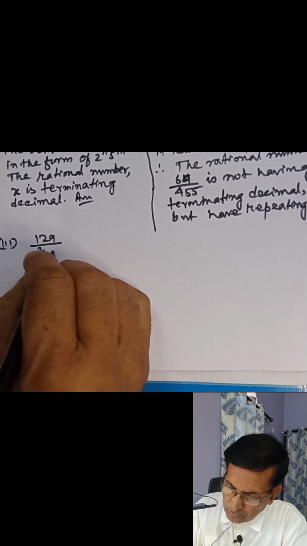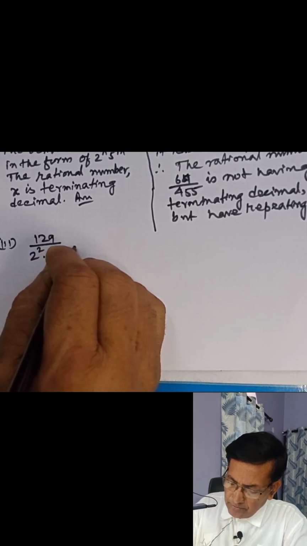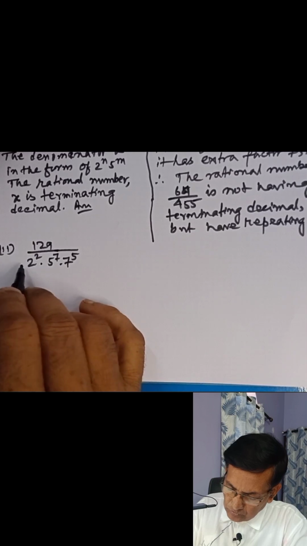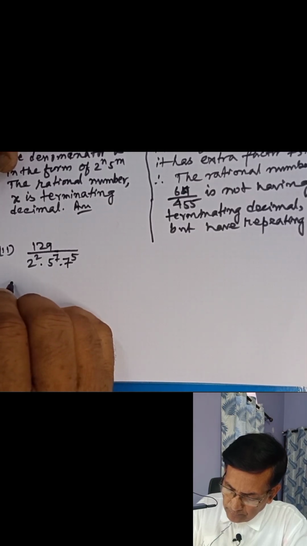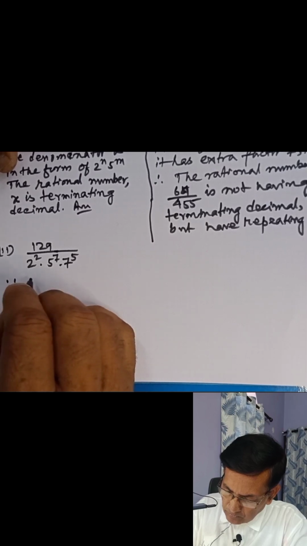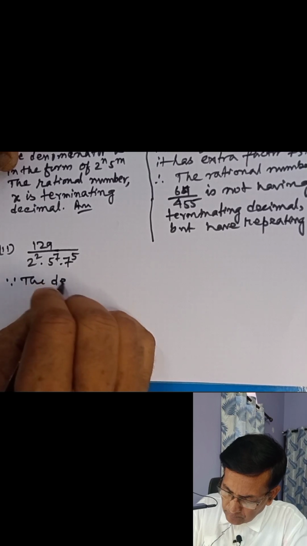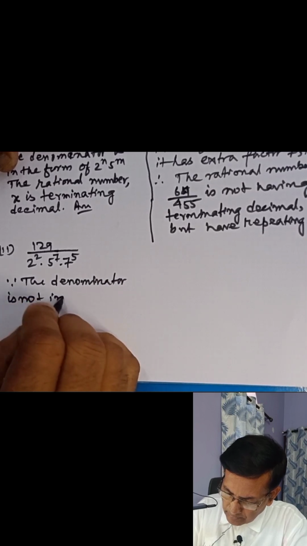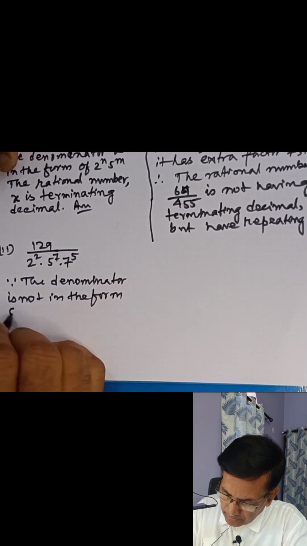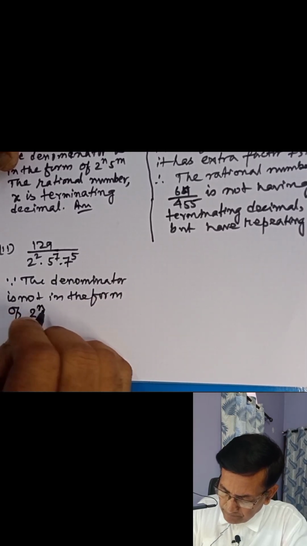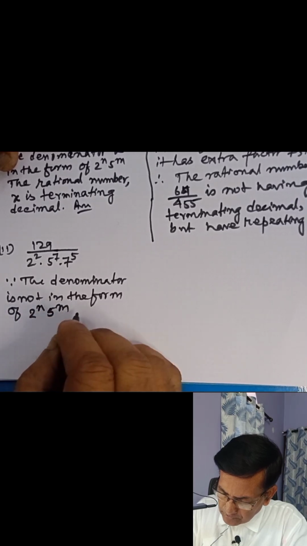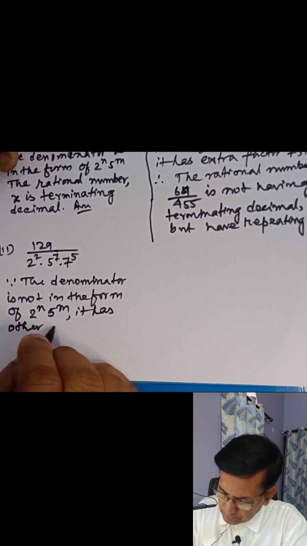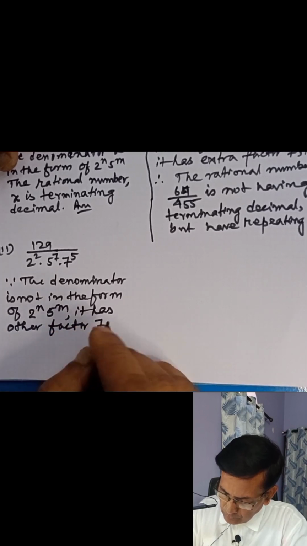Here the denominator is already factorized, so we can directly conclude that since the denominator is not in the form of 2 to the power n into 5 to the power m, it has another factor 7.